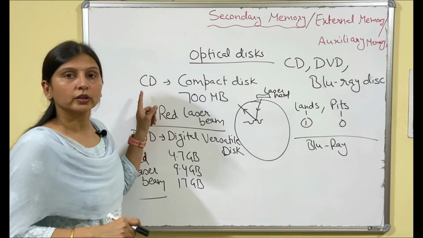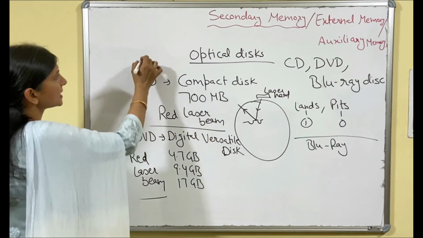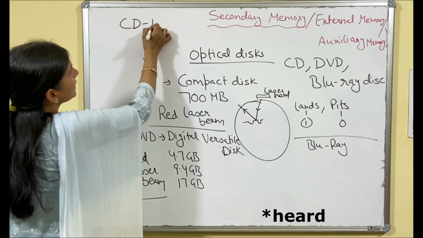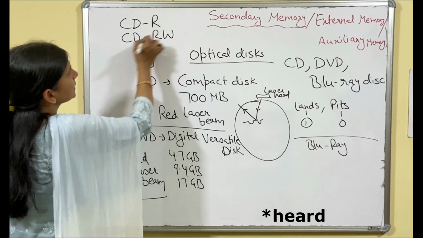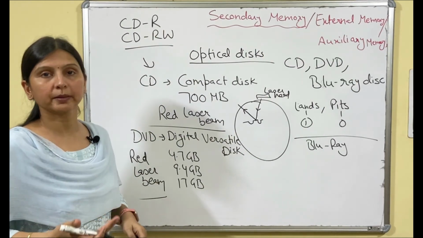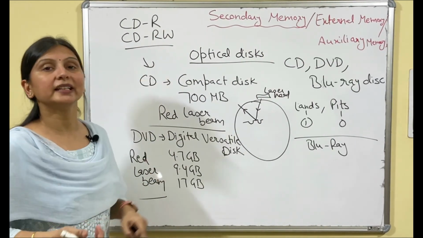One more thing I forgot to tell you, types of CD. You must have seen the words CD-R and CD-RW. What does CD-R mean? R represents recordable. CD recordable and CD rewritable.